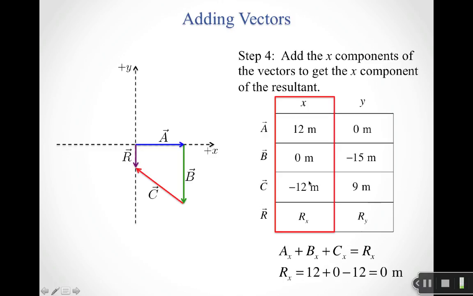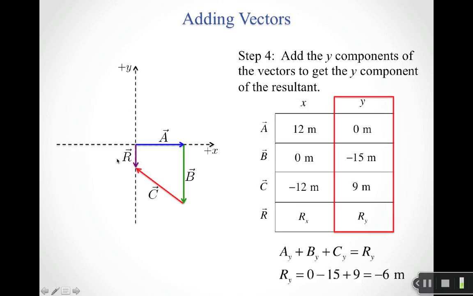So literally it is this plus this equals that: x component of A plus x component of B plus x component of C equals the x component of the resultant. Here you notice that gives us 12 plus 0 minus 12, which equals 0, which is why our resultant lies along the y-axis. It has a 0 component for x.